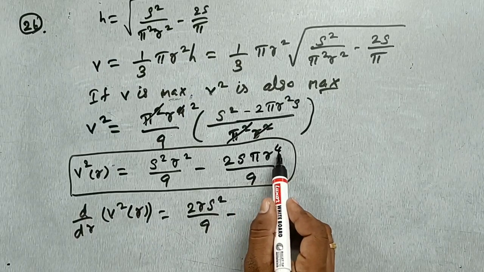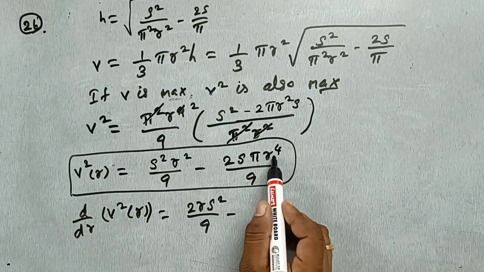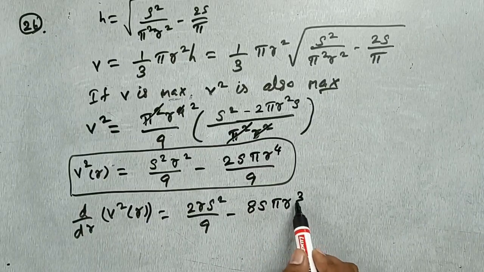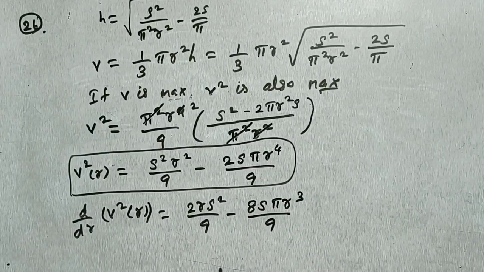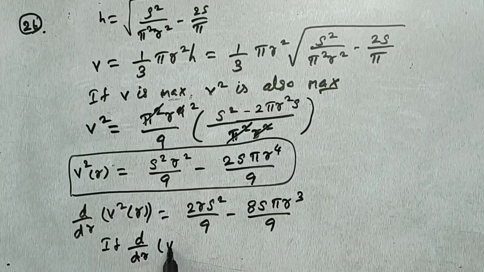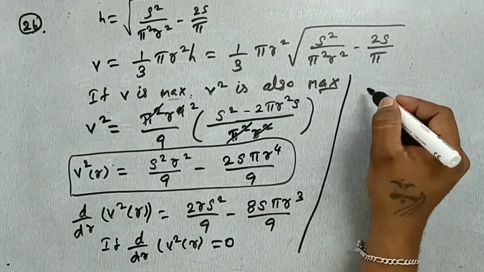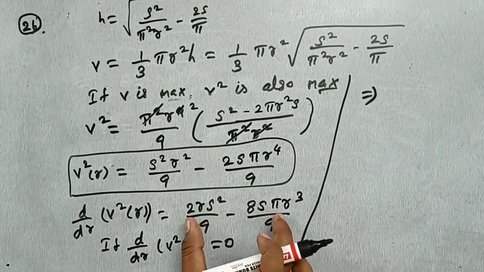So differentiation of R power 4 is 4R cube, already 2 there, so 8 into S into pi into R cube by 9. Now I need to find the critical point, meaning first derivative equal to 0. So if d by dR of V square of R equals 0, that implies this term equals 0.